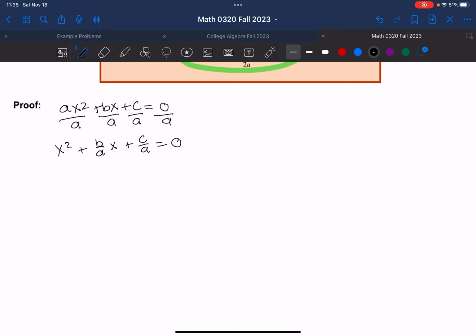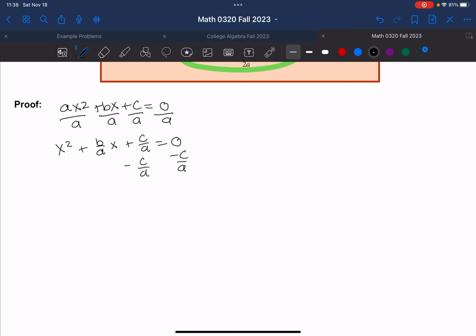Okay. Remember, a, b, c are just numbers. Okay. Then what they did is they subtracted that c over a over. So we had x squared plus b over a x is equal to negative c over a. Then what they did is they used the method of completing the square. So we talked about completing the square last time.